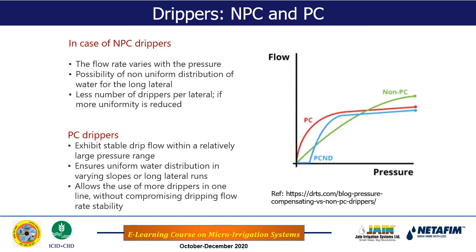Of course, these are expensive compared to the NPC kind of emitters. This I will also try to explain with the help of the layout of the drip irrigation system in the next slide.